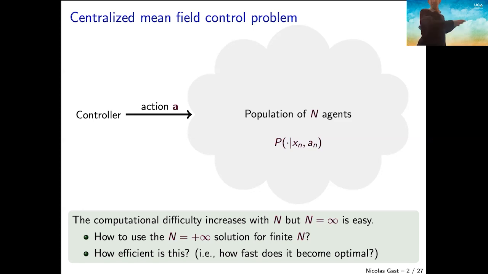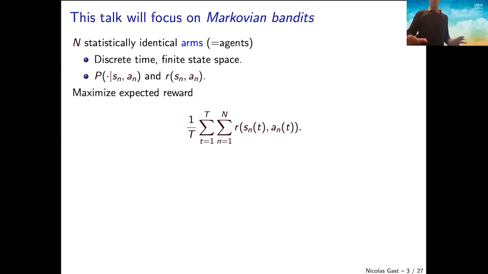So I say this is pretty generic, nothing special. And so the problem I mainly want to focus on today is Markovian bandits. So now I will slightly change the vocabulary and replace the agents by arms, okay? Because when you talk about bandits, people talk about arms. And so the idea is that each agent now is an arm.